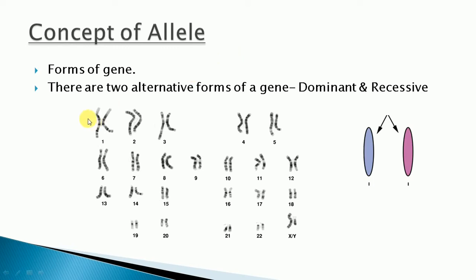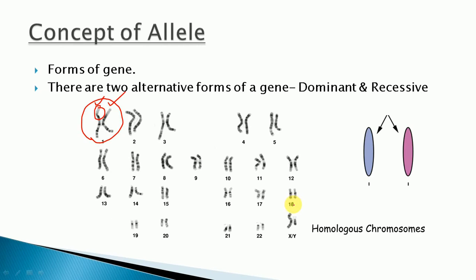Now if we look at the human body, each cell consists of 23 pairs of chromosomes. This is one pair of chromosomes, this is the second pair, this is the third pair. In the same way there are 23 pairs of chromosomes, and each pair consists of two chromosomes. There are 22 pairs which we call homologous chromosomes.